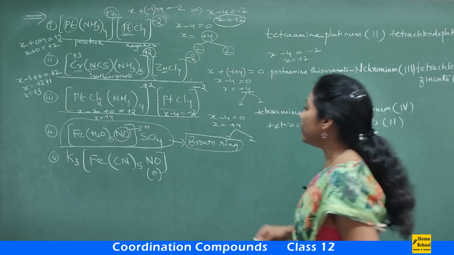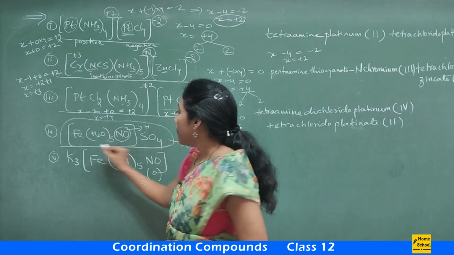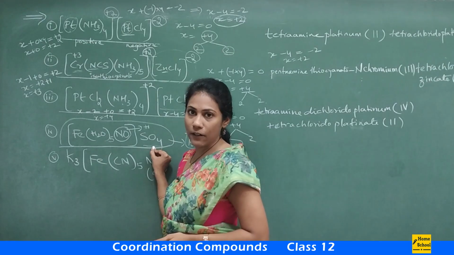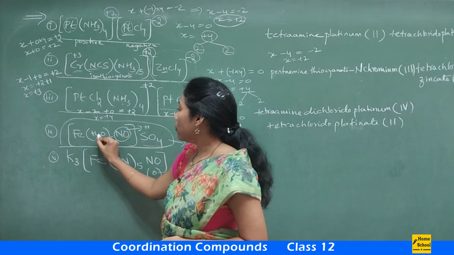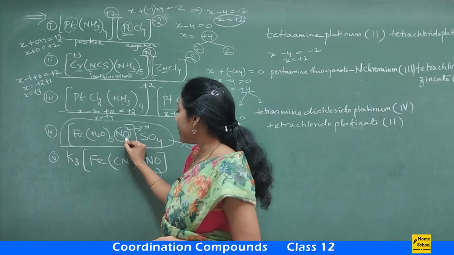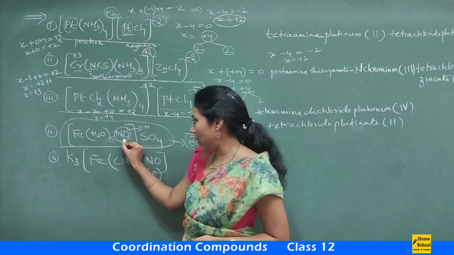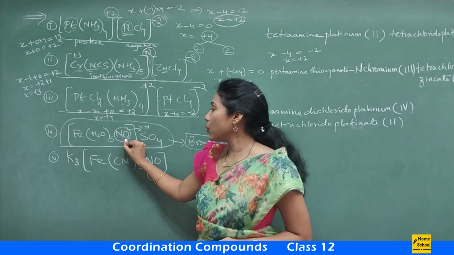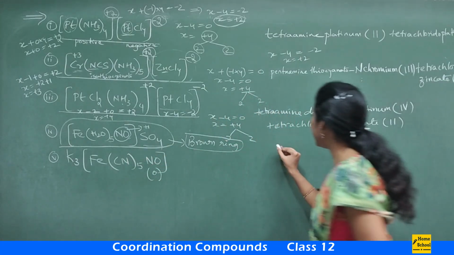Okay, so now let us name this complex. Positive part is the sphere, negative part is the counter ion, that is sulfate ion. Okay, so now its name is aqua, its name is nitrosonium. You have considered its charge +1, no? So its name is nitrosonium. So how do I write? Pentaaqua.